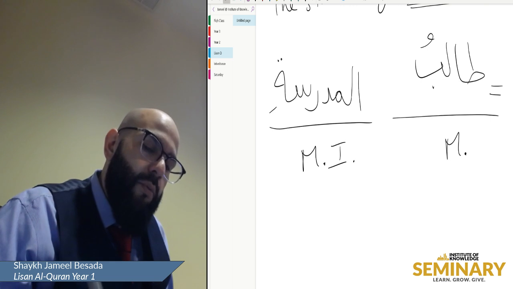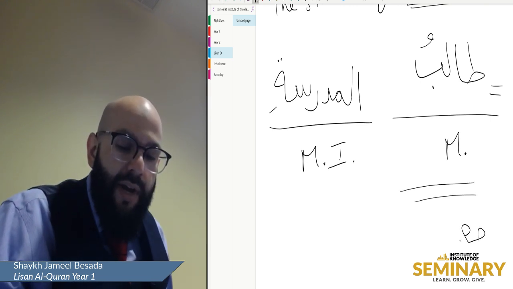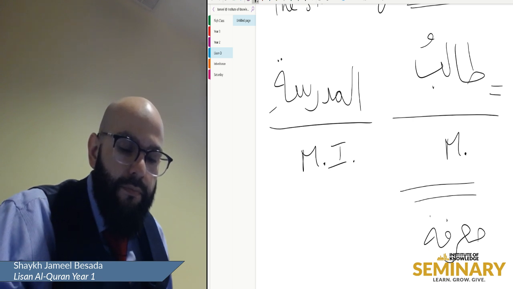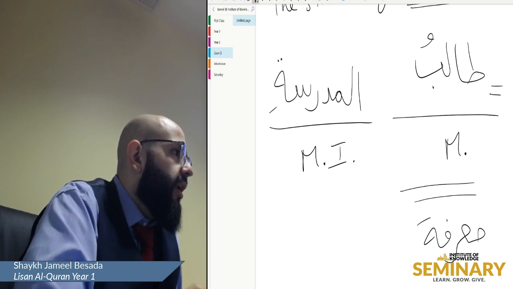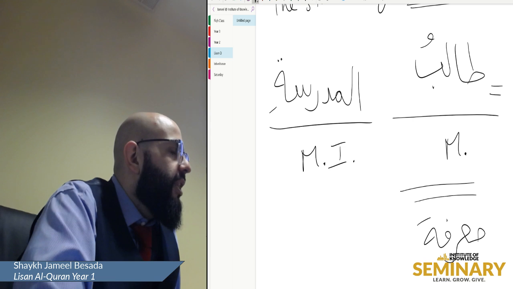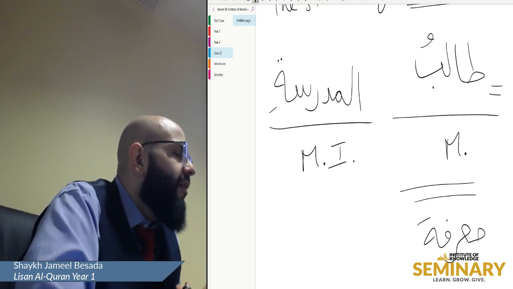Anything in the mudaf position will automatically be in a state of ma'rifah. That's a rule I didn't want to share right now, but I'm going to share it now. Anything in the mudaf position will act as ma'rifah. What is the meaning of ma'rifah?